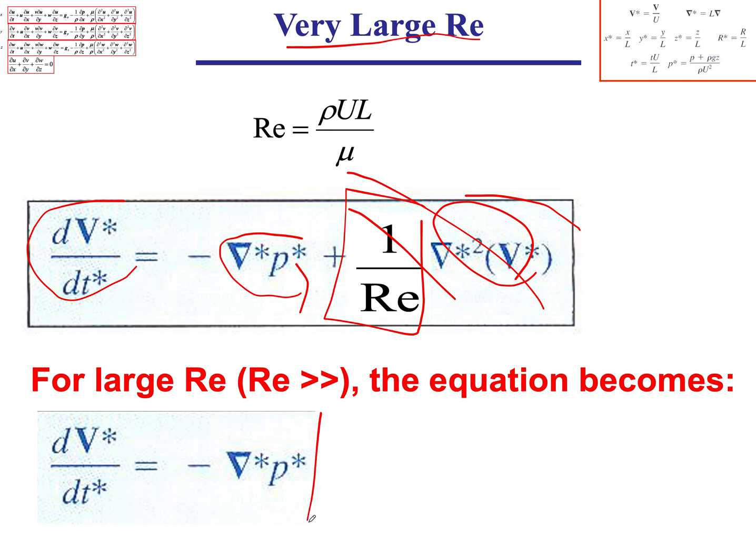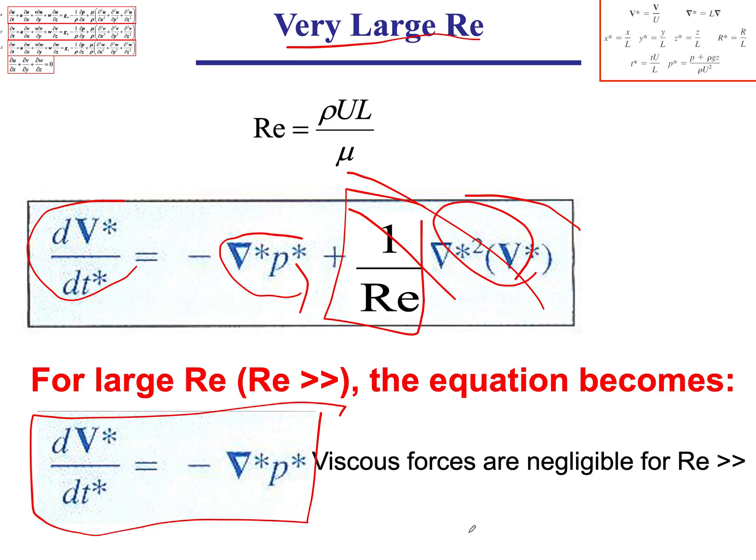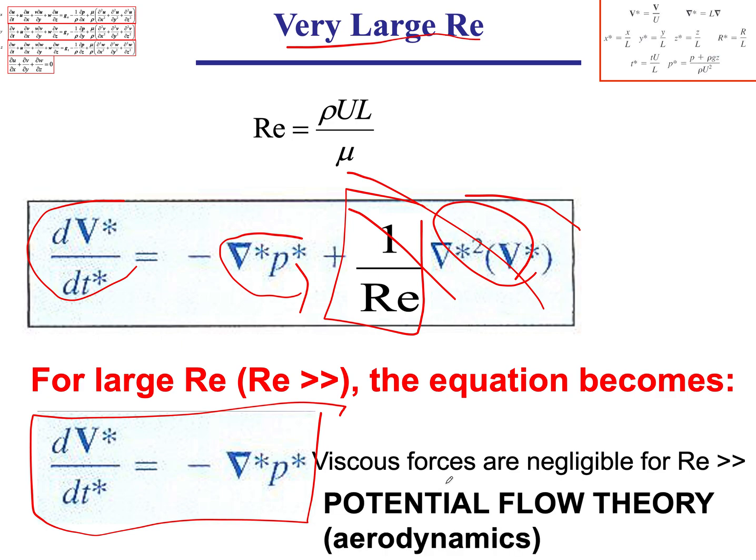And I end up with potential flow theory. This was the acceleration term, pressure term, and here is the viscous term. The viscous forces, the viscous friction, is negligible on large airplanes. That's very interesting, and that's the foundation of potential flow theory, the basic theory that describes aerodynamics and aerodynamic shapes.